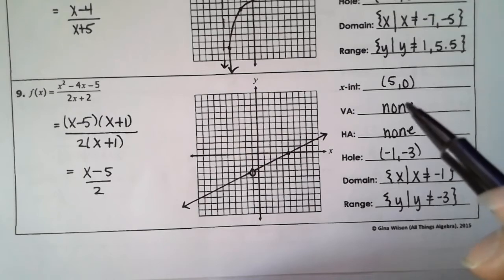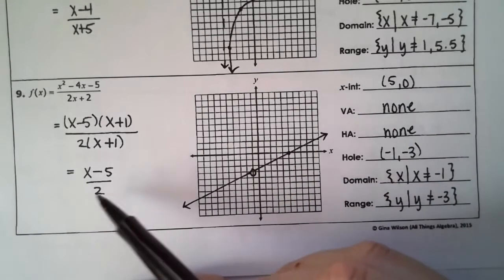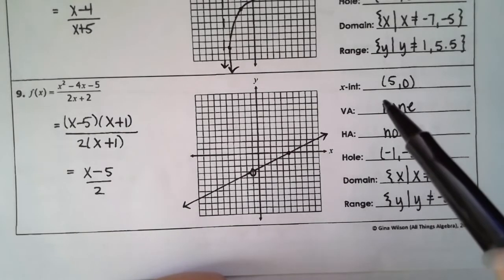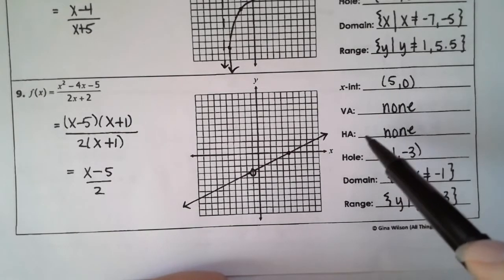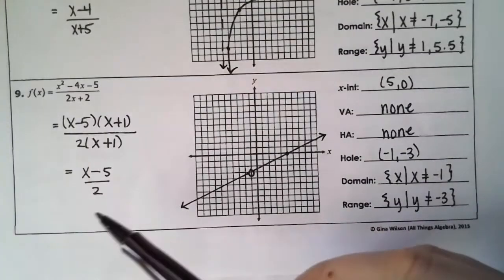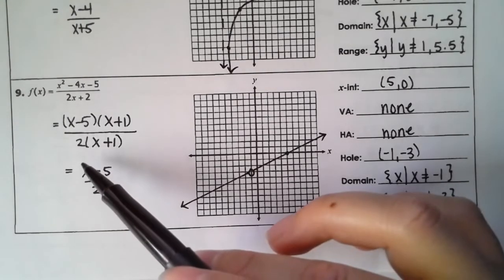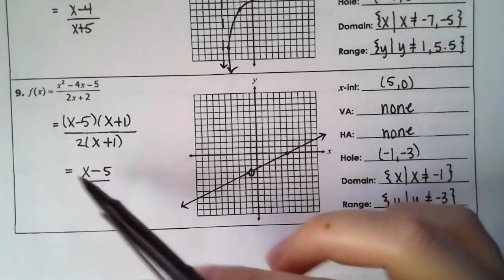My vertical asymptote, okay, set the denominator equal to 0, but it's just a constant, so I'm not going to have one. Okay, now for my horizontal asymptote, right, so let's see what my cases are. I have a constant in the bottom, and I have an x minus 5, right?